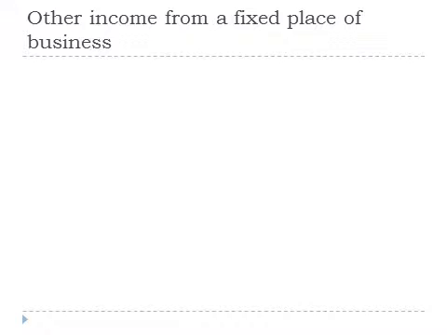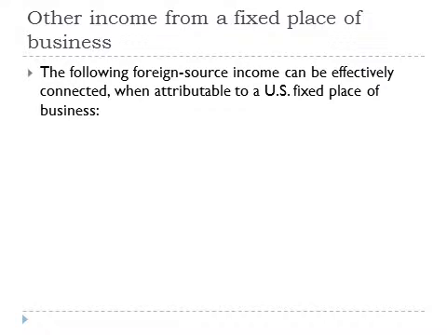Section 864C4B, which we have been discussing, also applies to a few other types of income. When attributable to a U.S. fixed place of business, the following foreign source income can be effectively connected.